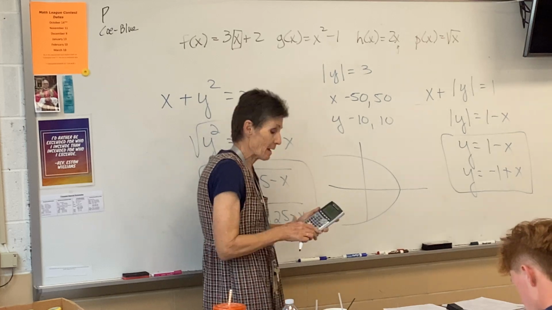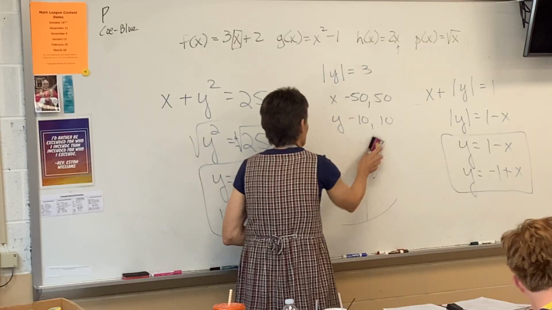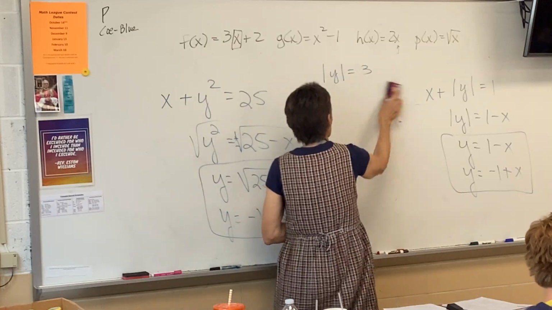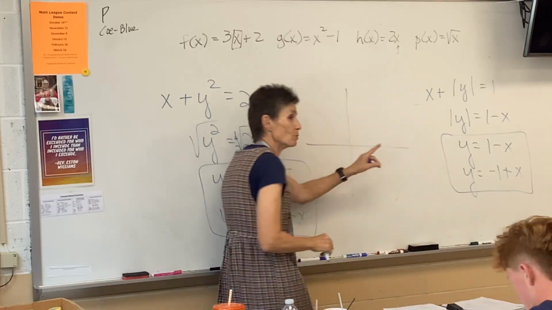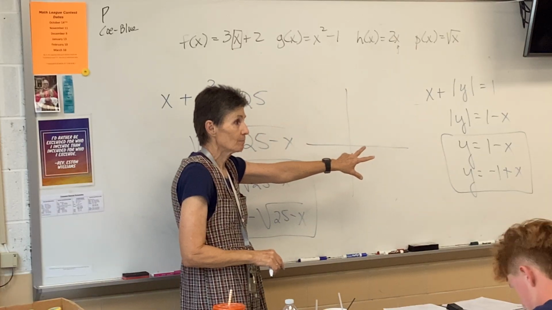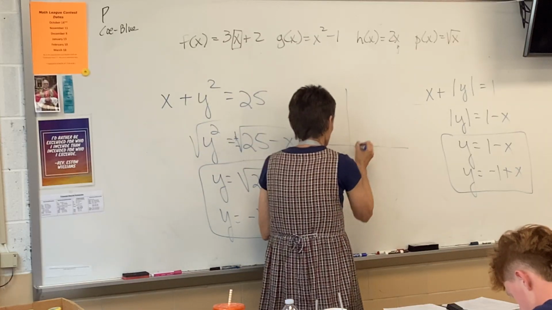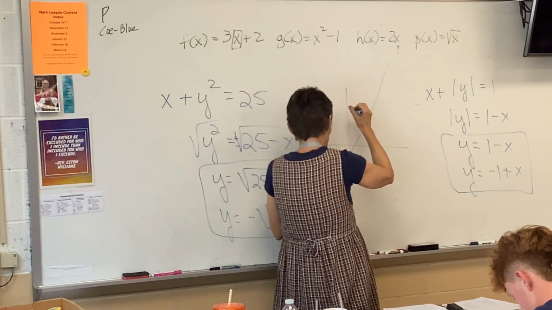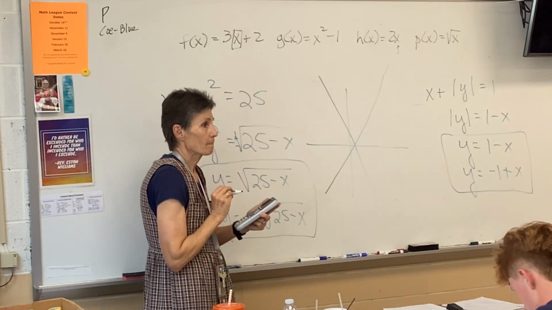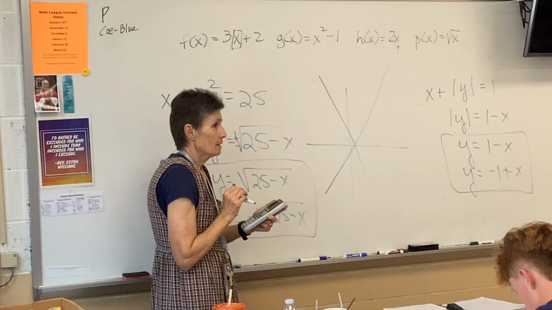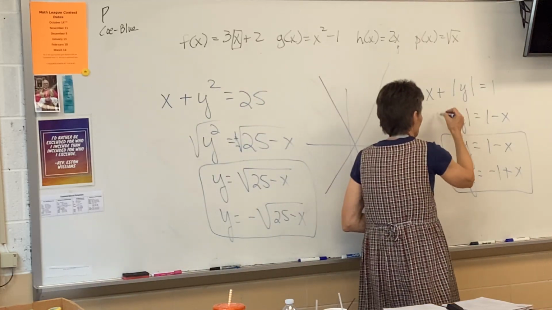Now, we need to talk about that, because that whole thing is not the answer. Those are your implicit functions, but when you graph them, you should have gotten something that looked like this. Now go back to this equation right here.